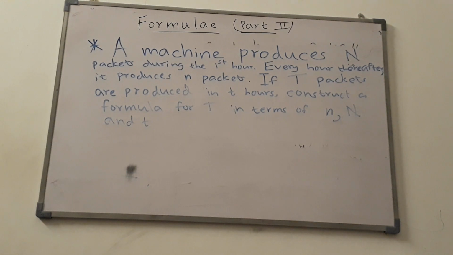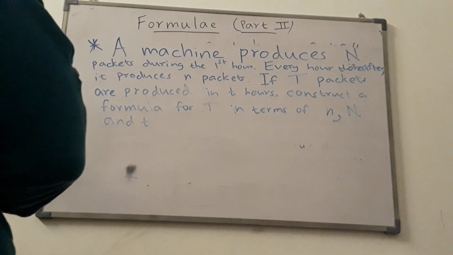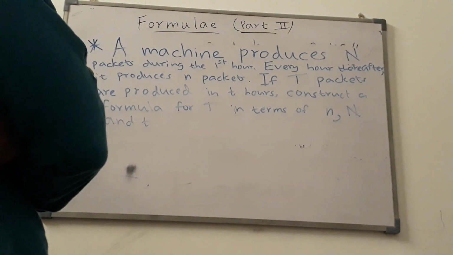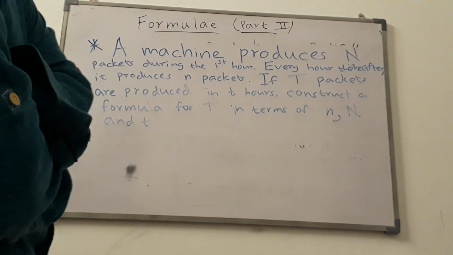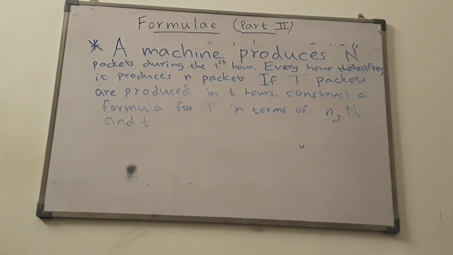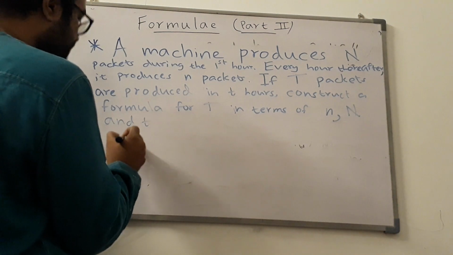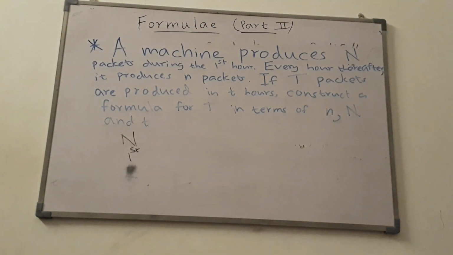A machine produces capital N packets during the first hour. Every hour thereafter it produces simple n packets. If capital T packets are produced in t hours, construct a formula for capital T in terms of simple n, capital N and t. For the first hour, the machine produces capital N packets.